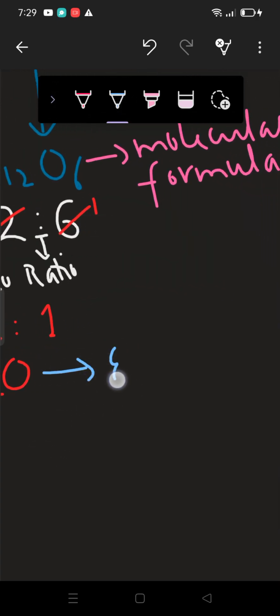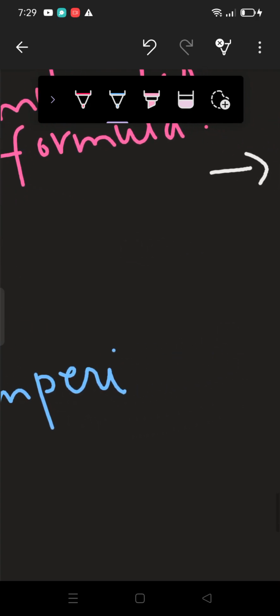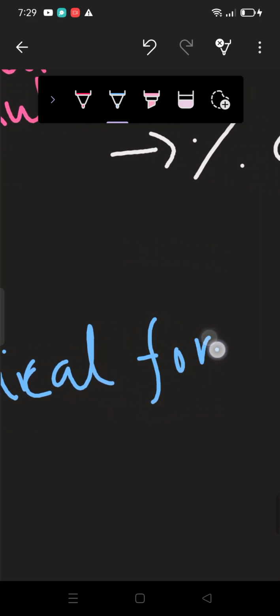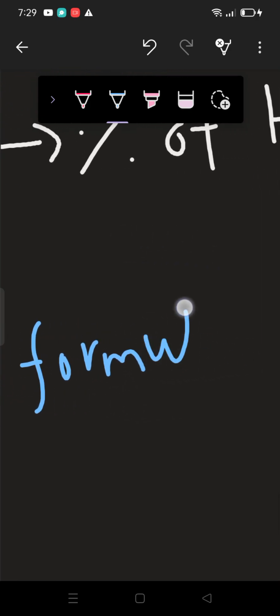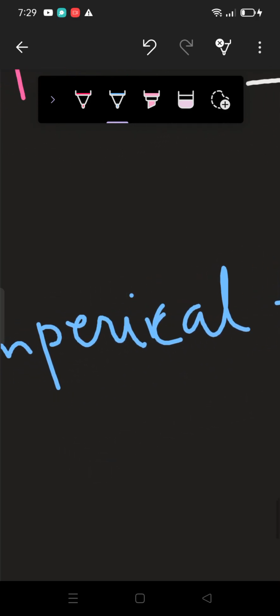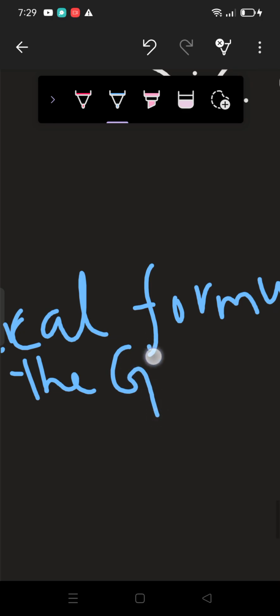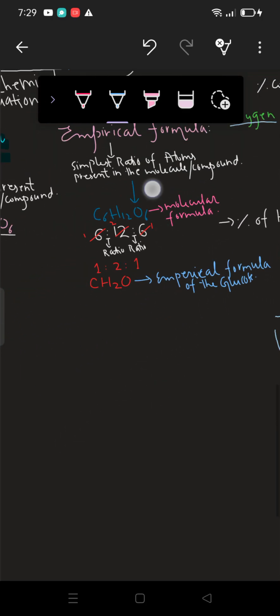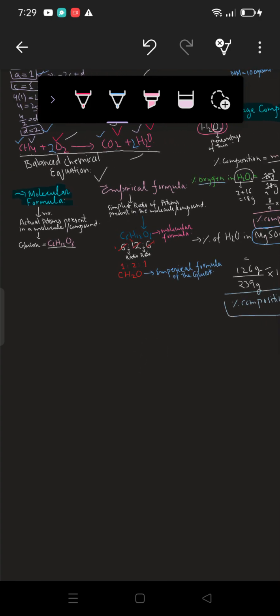It is the empirical formula of the glucose, right? You have basically taken the simplest ratio of it.